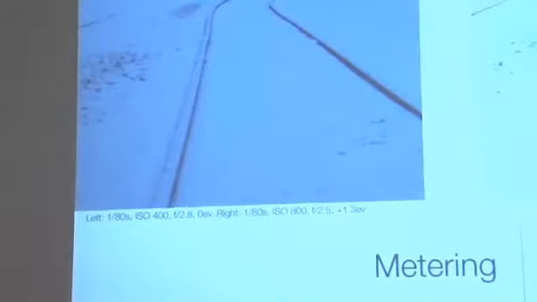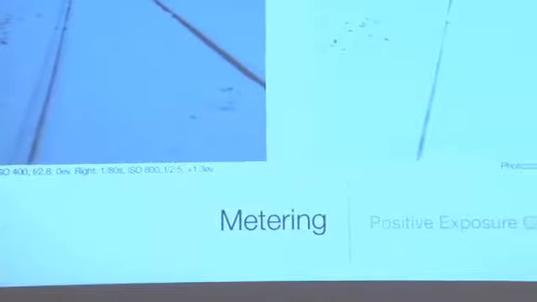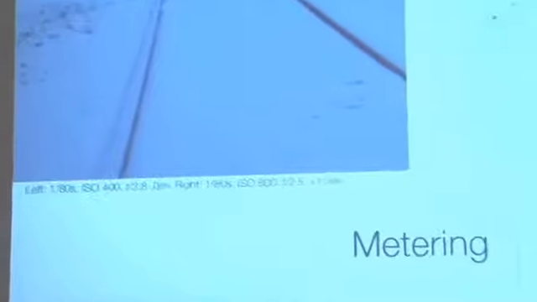If we take a look at the exposure values that the camera decided to use, on the left we have a photo that was taken at 1/80th of a second at ISO 400 and an f number of 2.8. There was no exposure compensation at the time, so those were just the exposure values that the camera decided to use. But on the right, I said, okay, there's a lot of snow in this picture, so I need to increase the exposure compensation by about 1.3 stops, so about 1 1/3.